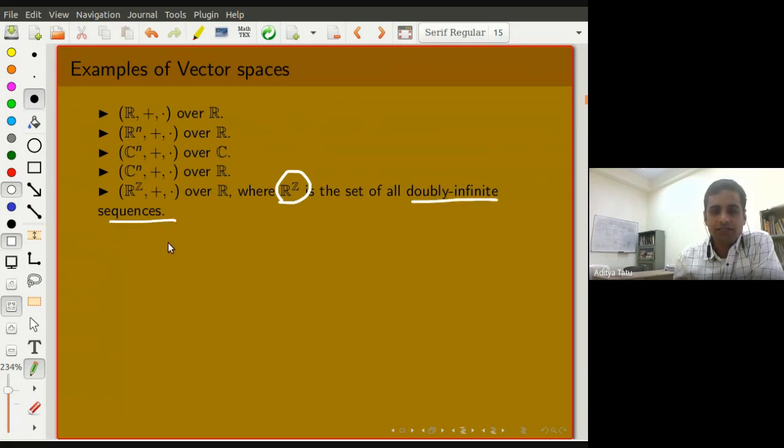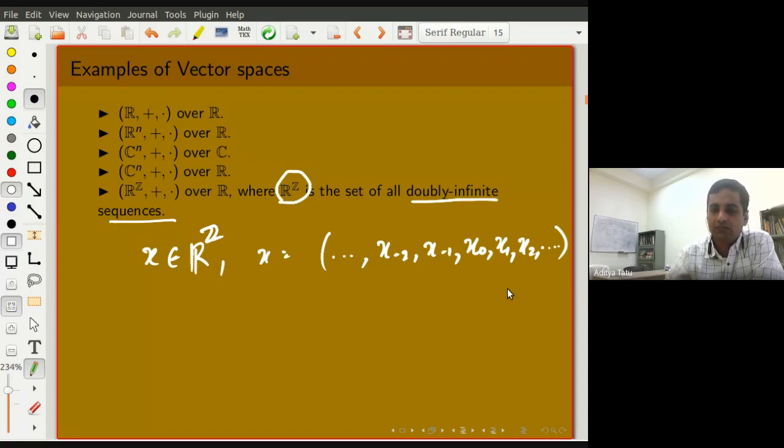What I mean is, if x is an element of this set, x is something like this: ..., x(-2), x(-1), x(0), x(1), x(2), ..., and this continues. The index goes right up to plus infinity in one direction and minus infinity in the other. This would be just one element. Please be careful: each element of this set is a doubly infinite sequence.